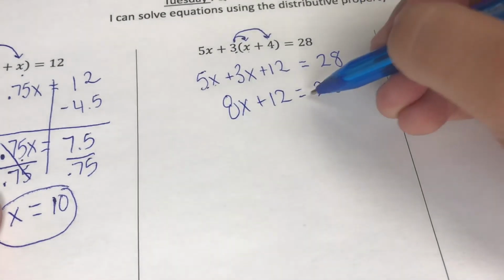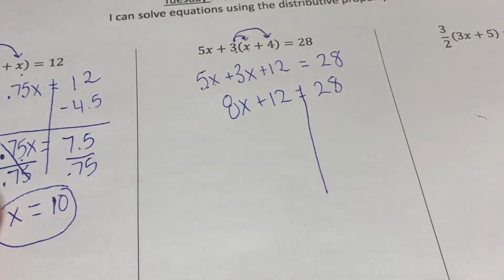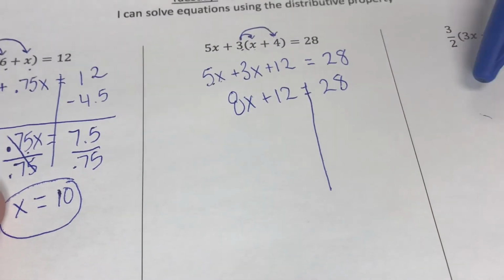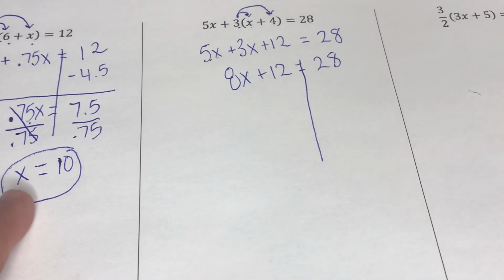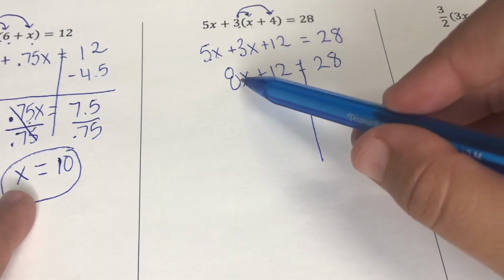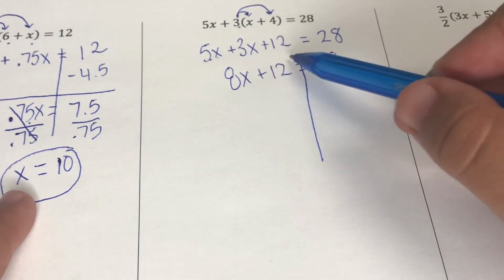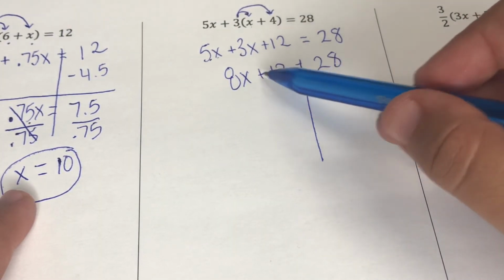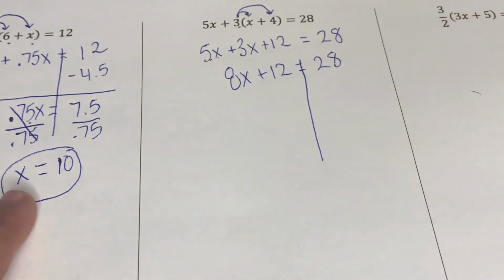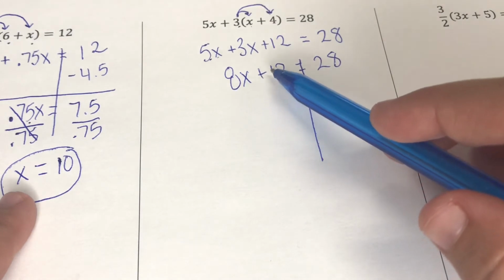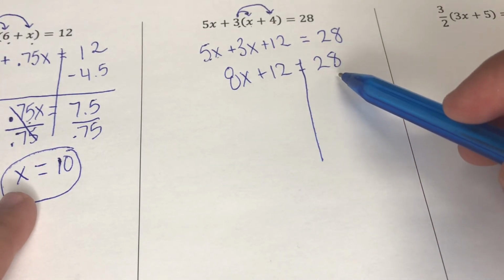Now we're at the point where we can draw our little line down the equal sign. And we're thinking to ourselves, which one does not have the variable that I want to move? Well, I see that 12 does not have an x. So I'm going to use the inverse operation of plus 12 to move it to the other side.